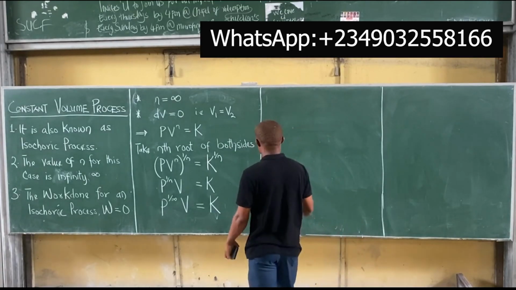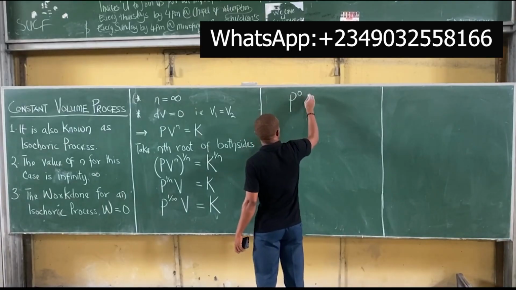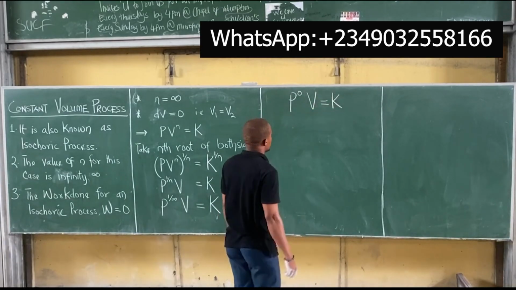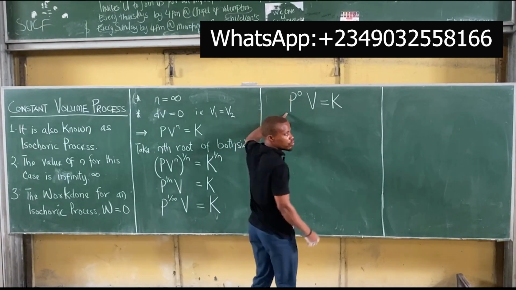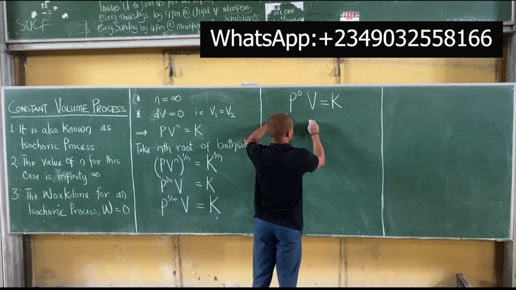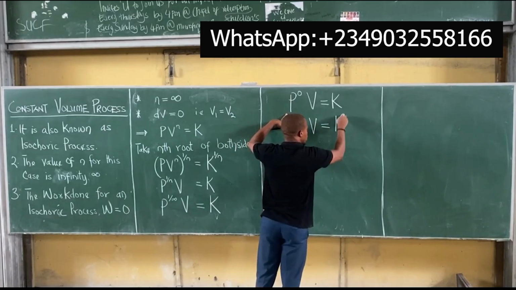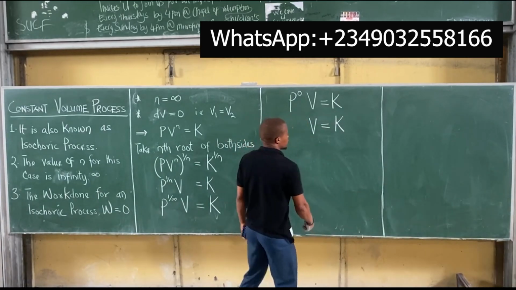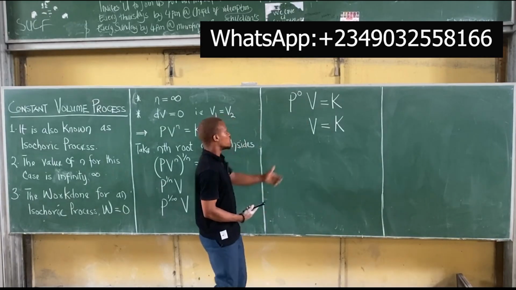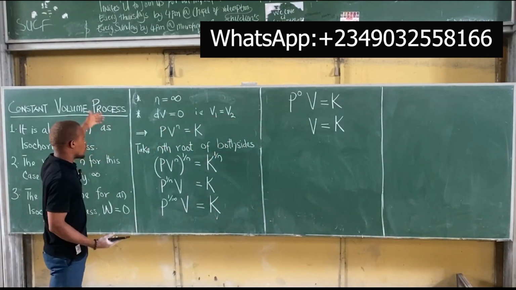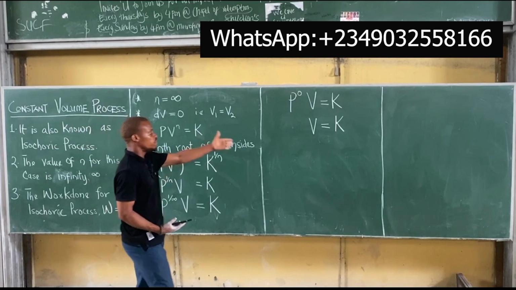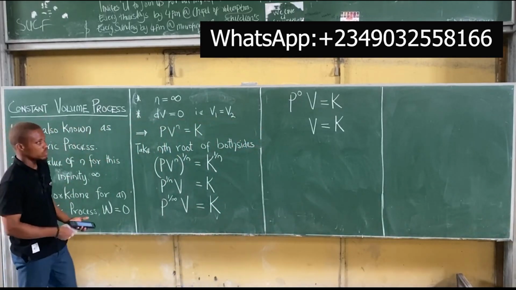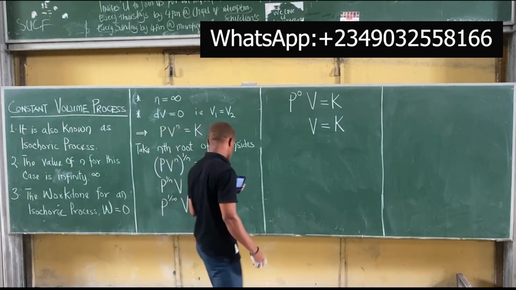So I have P raised to 0, V equal to K. Therefore P to the 0 is equal to 1, since anything raised to power 0 is 1. So we have V equals a constant K. So this has actually proved that we are correct from all that was given here, that V is equal to a constant for a constant volume process or isochoric process.